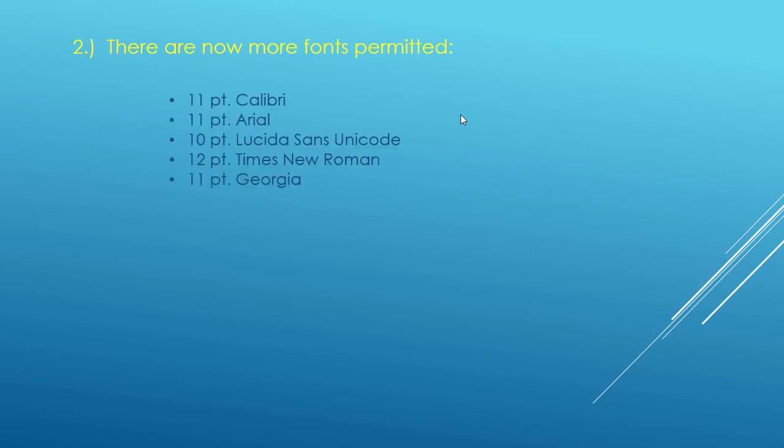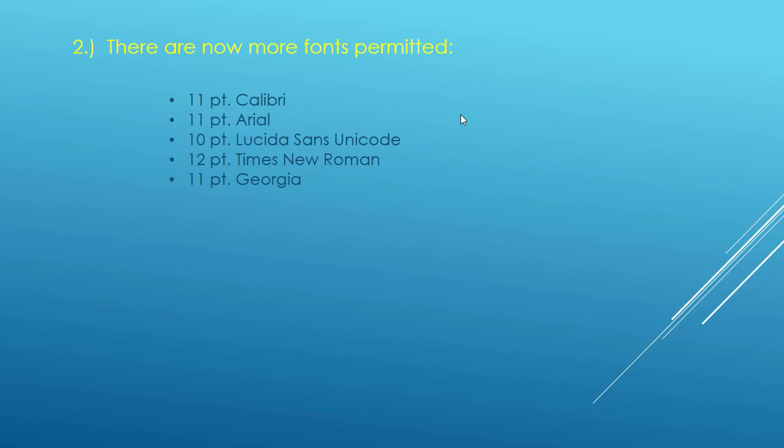A second major change in APA 7 is that there are now a great number more fonts that are permitted for use. We had customarily been moving toward this with some of our instructors allowing, you can use Calibri 11 or something of that nature, but now we have all these different fonts that are acceptable for use with specified point sizes.